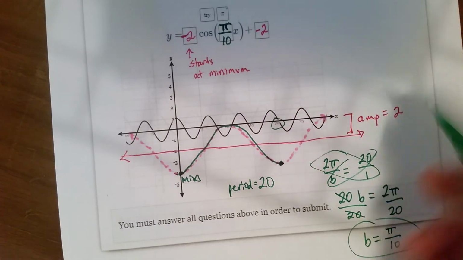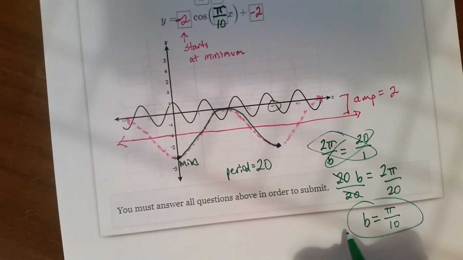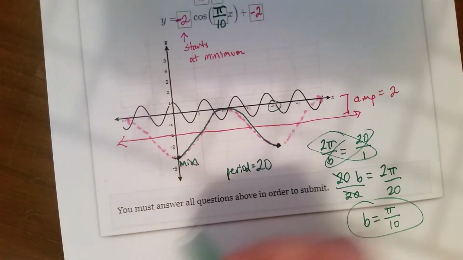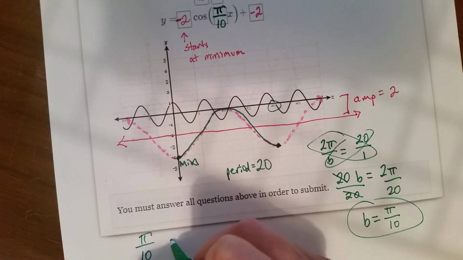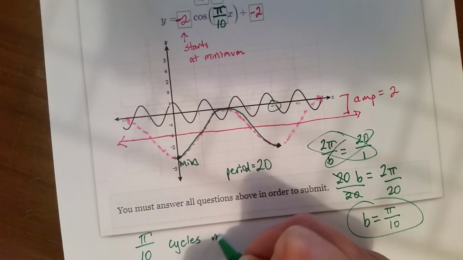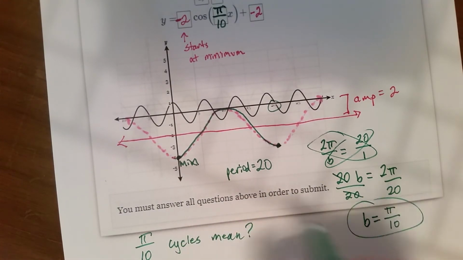Okay, now what does this mean? Let's talk about this, because this is weird. Pi over 10 cycles. What does pi over 10 cycles mean? Okay, pi, you know, is about 3.14.